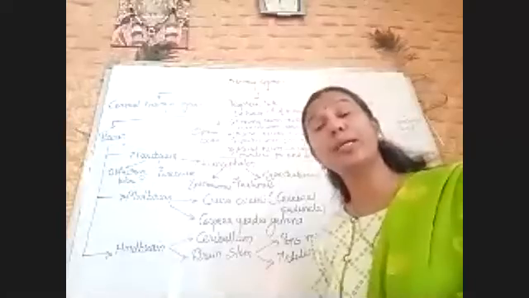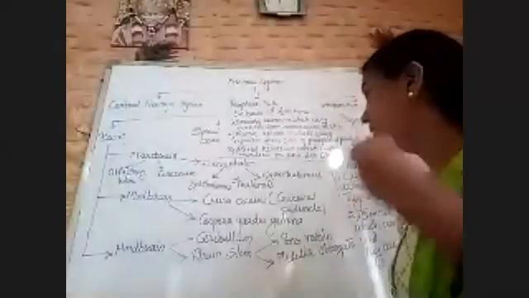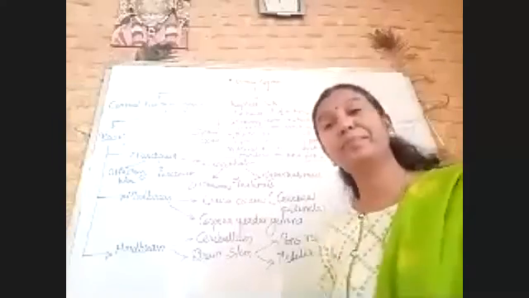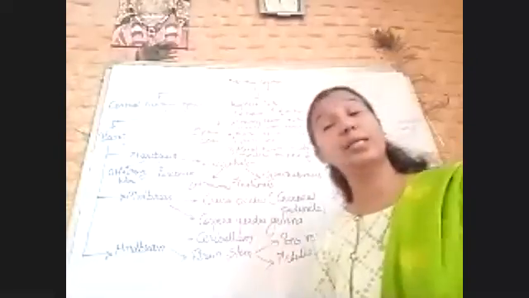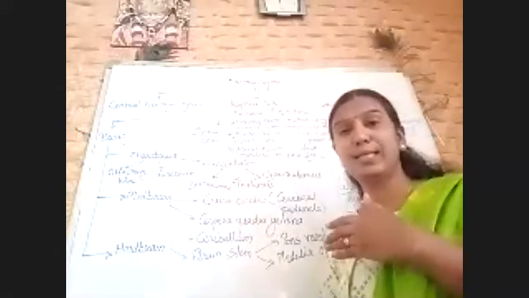Second, motor nerves, which carry impulses from central nervous system to the peripheral part. And the mixed nerves are the nerves which carry impulses to and fro the CNS.